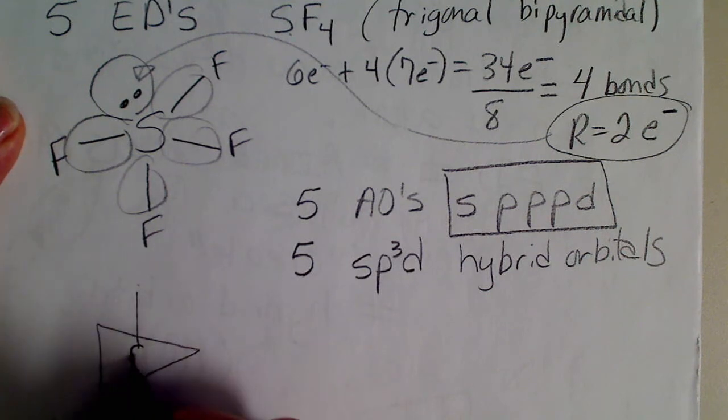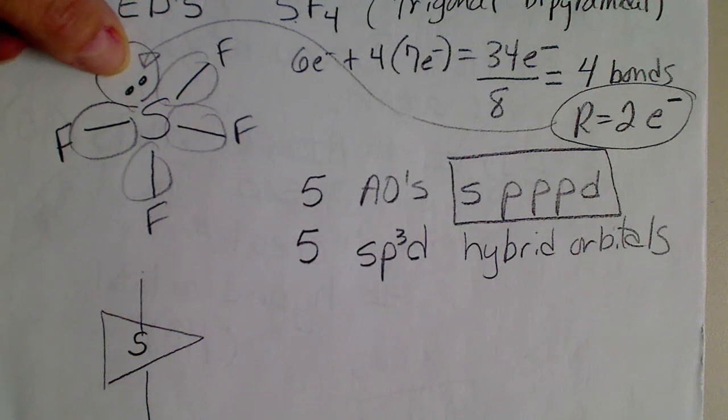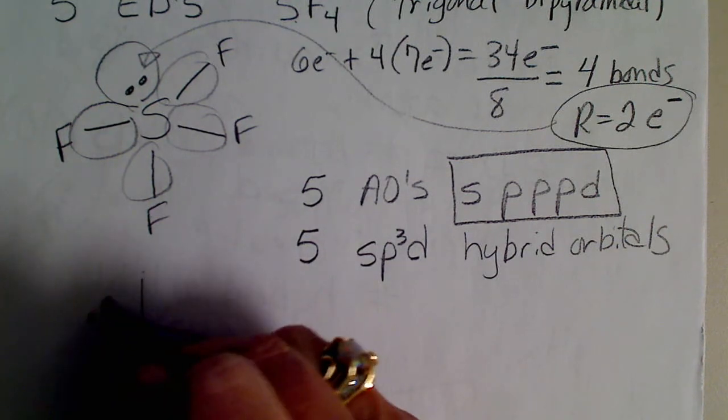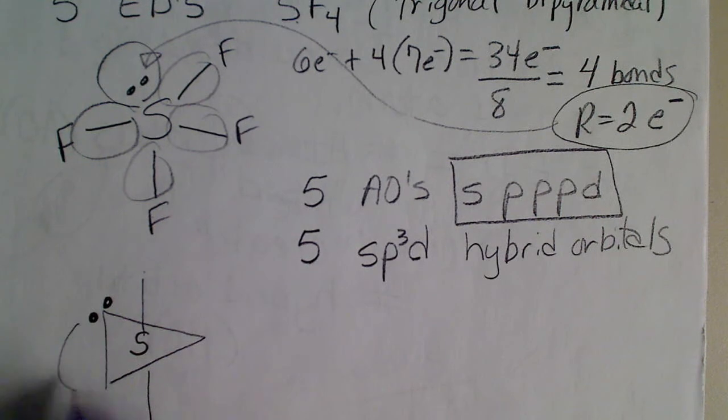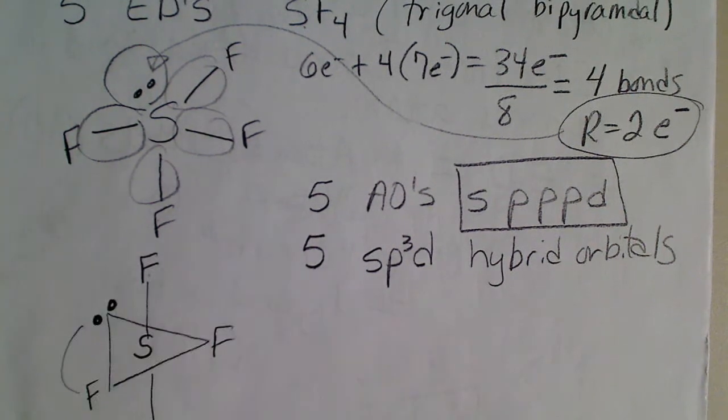So if we put sulfur here, the lone pair is going to actually occupy more volume, occupy more space. So that lone pair would assume the 120 degree positions, or these equatorial positions. We'd have an F here, F, F, and an F.